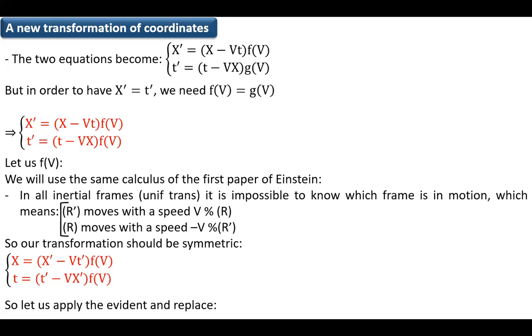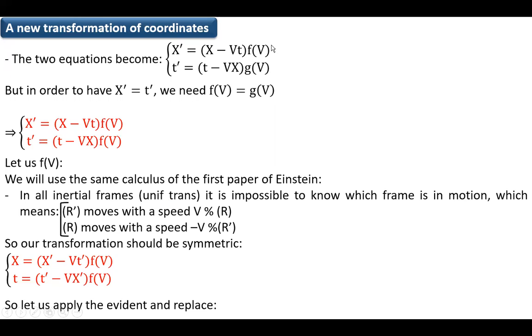We need, at least for a ray of light, x prime to be equal to t prime and x to be equal to t. So if x prime is equal to t prime, we need f of v to be equal to g of v. Otherwise, x prime will not be equal to t prime.